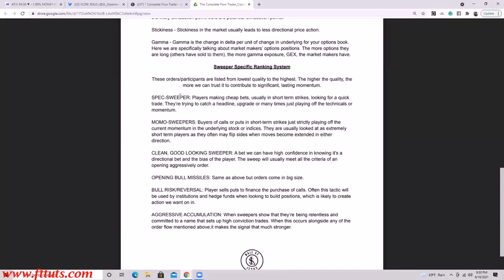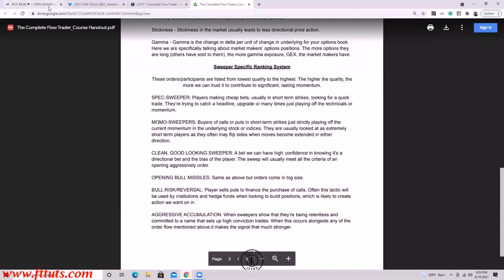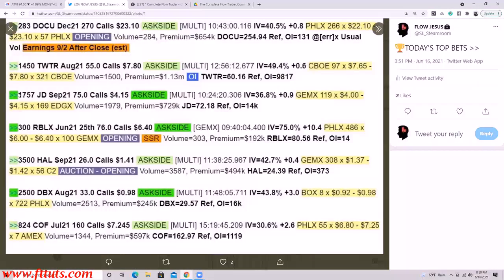Sweeps, market or limit orders: what happens is they see what's being offered across all exchanges, and they take out all those offers. That's why you see those weird numbers, 5,030, 1757, 283, because whatever's being offered across all those exchanges, they take them out.